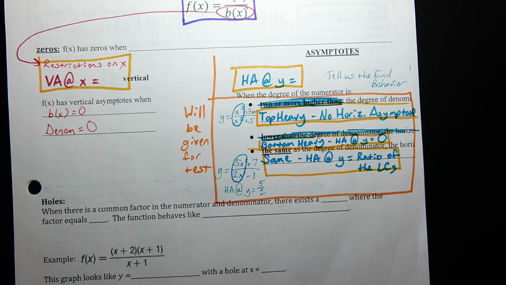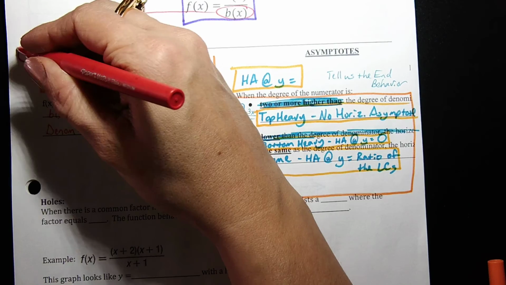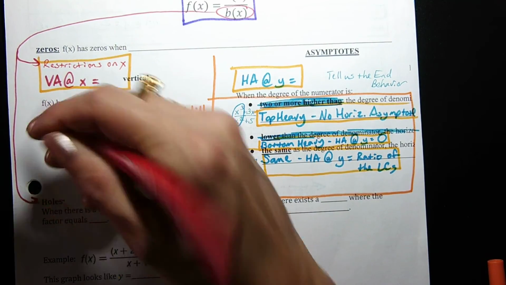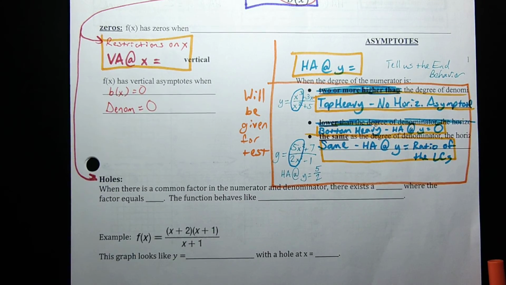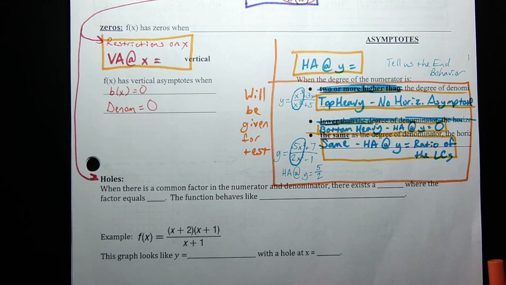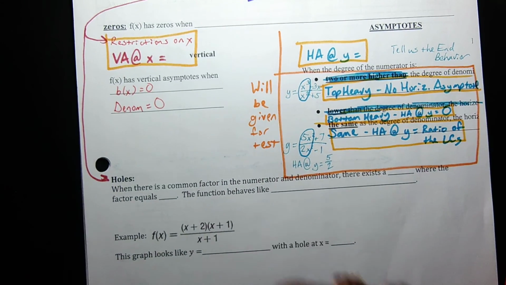Now, we've said that vertical asymptotes come from restrictions on x or restrictions on the denominator. Holes also come from restrictions on the denominator. Now, how do we distinguish a hole from a vertical asymptote?